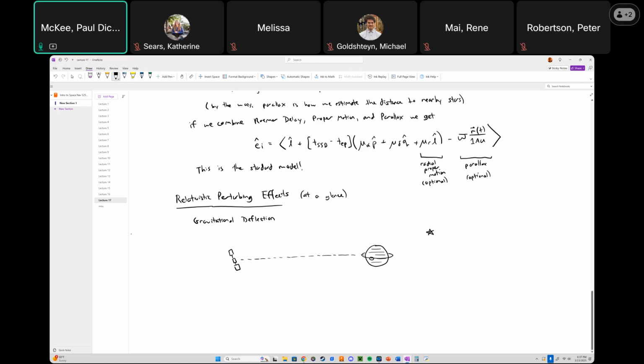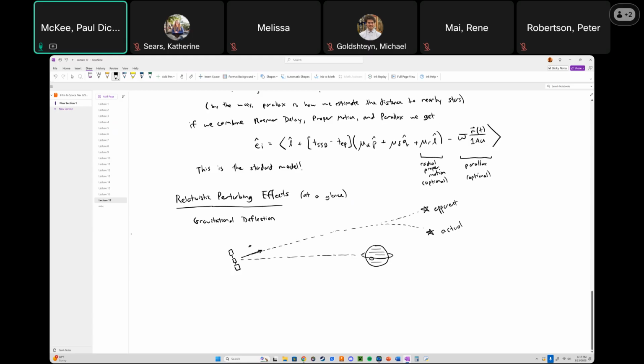Essentially, any massive body, even Jupiter or any of our planets, will cause some gravitational lensing, where starlight bends around the planet. Yeah, that's kind of extreme. But the idea is that the star looks like it's along this direction. Okay. So this is the actual star direction. This is the apparent star direction.